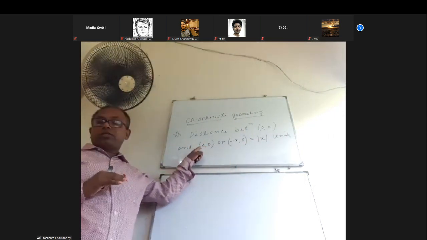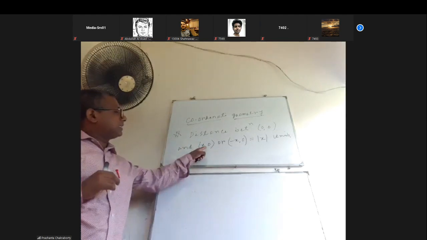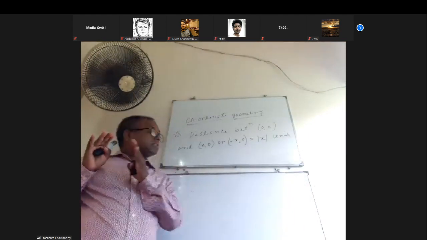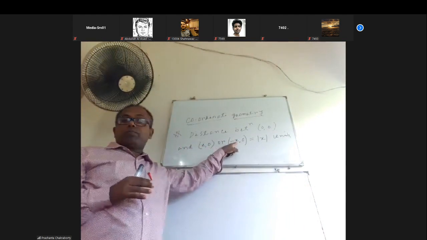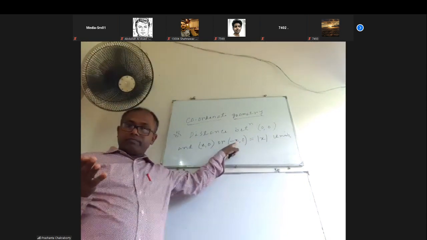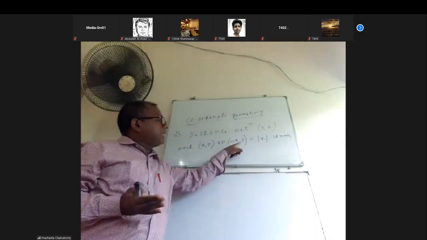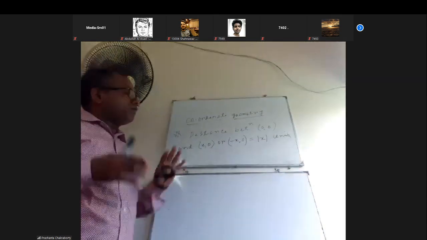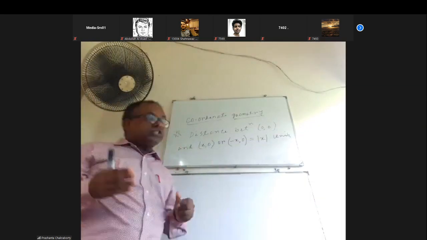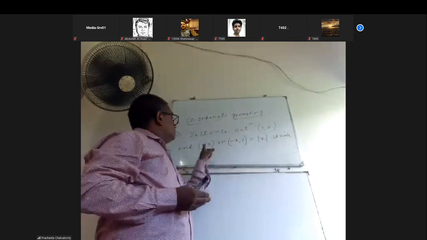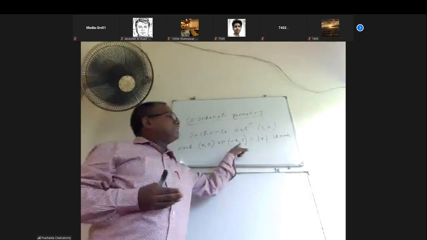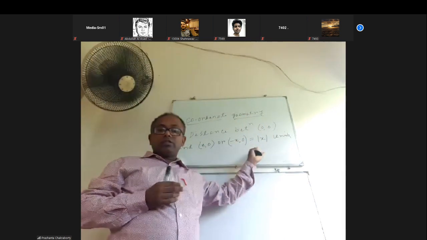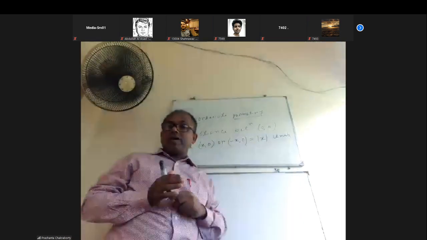If x is positive, the point (x, 0) lies on the positive direction of x-axis, and minus x will be negative. So in this case, (minus x, 0) lies on the negative direction of x-axis. So if we want to find the distance of the points (x, 0) or (minus x, 0) from the origin (0, 0), then we can apply this rule. That is, the distance is modulus of x.